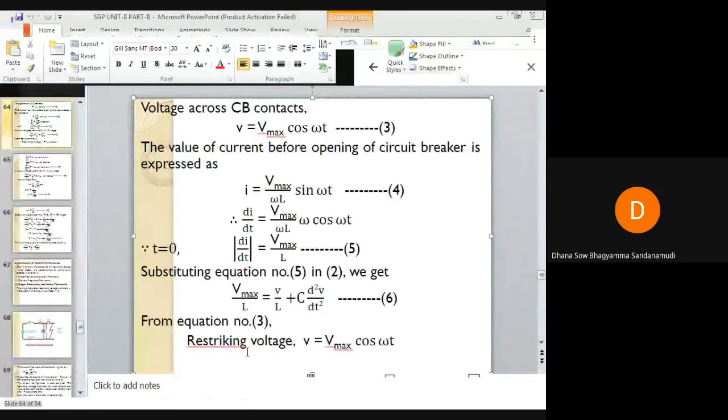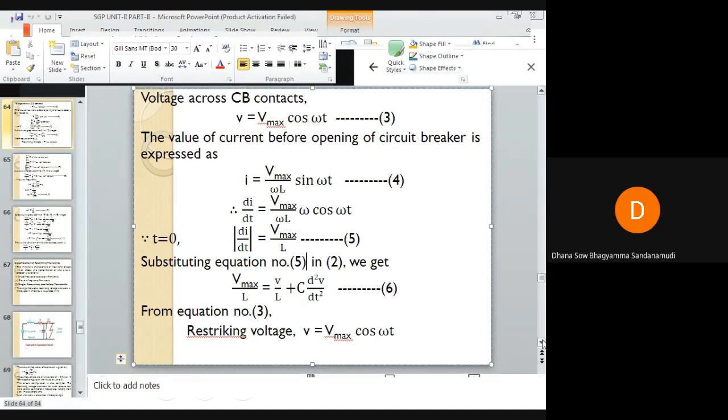Now, the voltage that appears across the circuit breaker contacts as soon as the arc is interrupted is nothing but the restriking voltage. So V is equal to V max cos omega t, as you already know. Write down the expression for restriking voltage, V equals V max cos omega t. Did you complete?